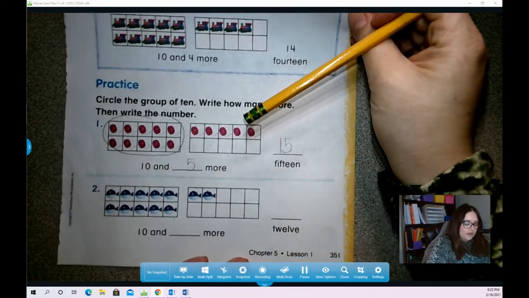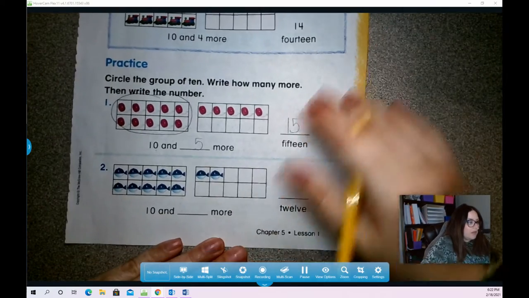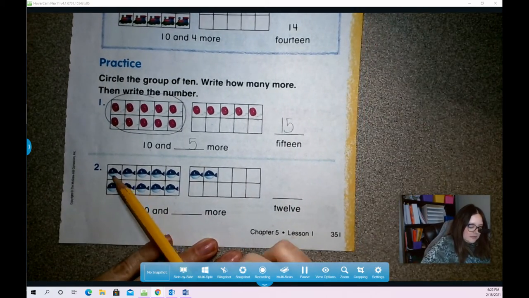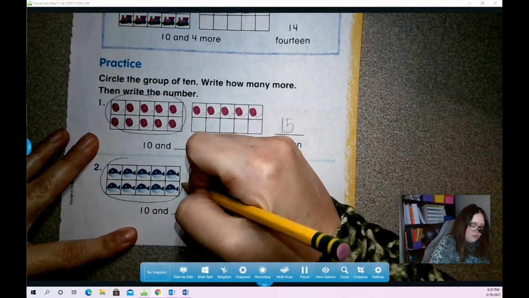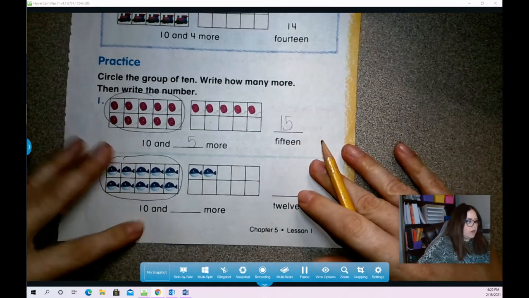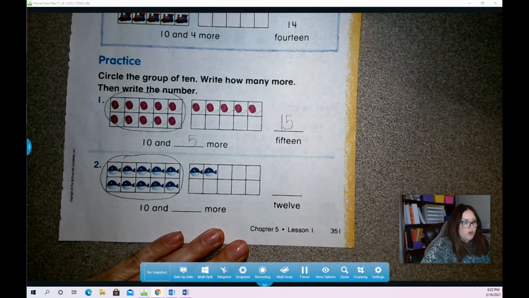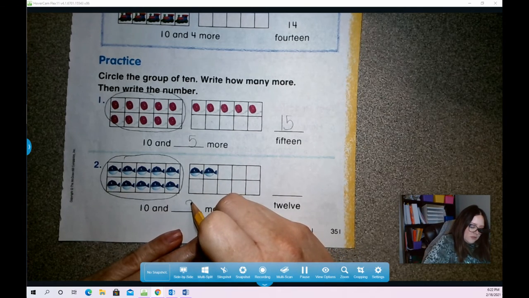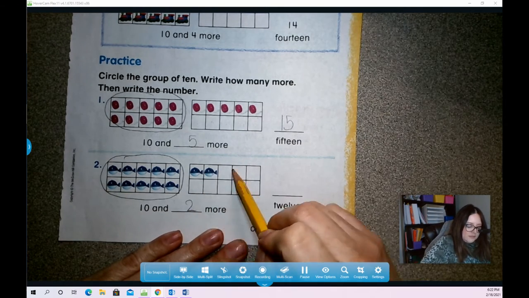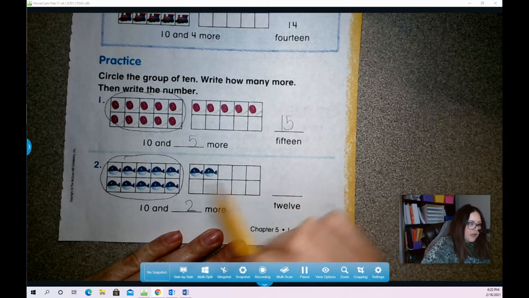We're going to do one more together, okay? Number 2 says 10. So we know this is a group of 10. We have one full group of 10. And how many more? How many little fish are alone? 1, 2. We have 2 little guys that are alone. There's not enough of them to fill up this whole frame.